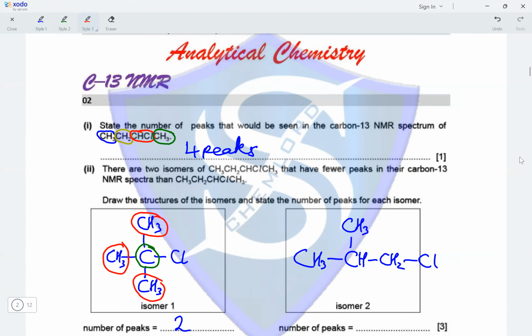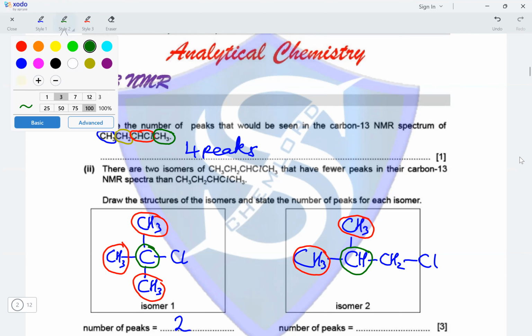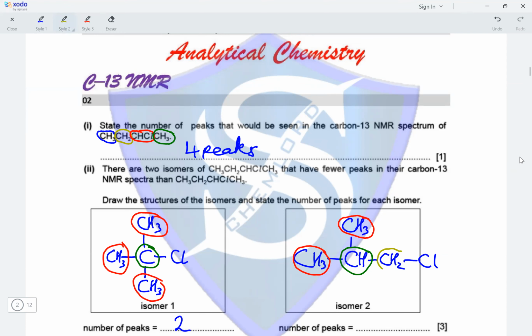So now here we have one environment of two CH3 groups, a second environment for the CH group, and a third environment for the CH2 group. So in total, 3 peaks for this compound would be observed, which is still less than the 4 peaks of the compound given in the question.